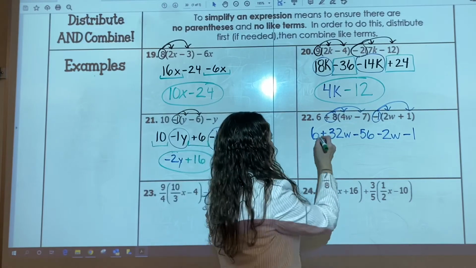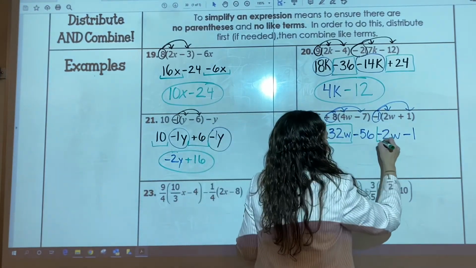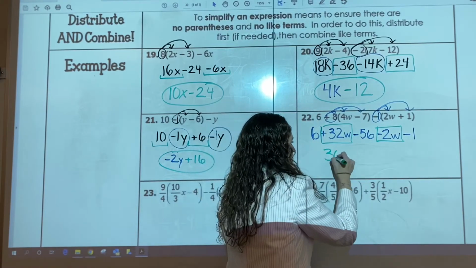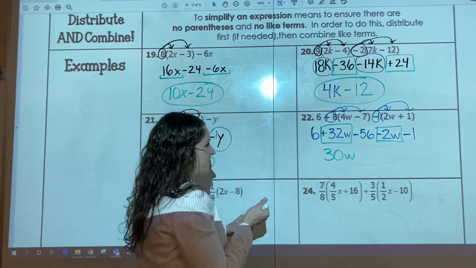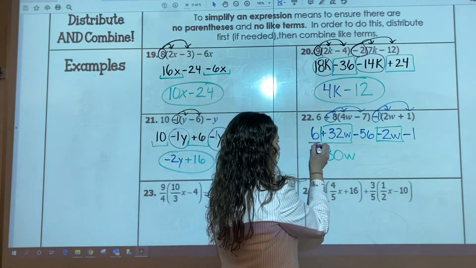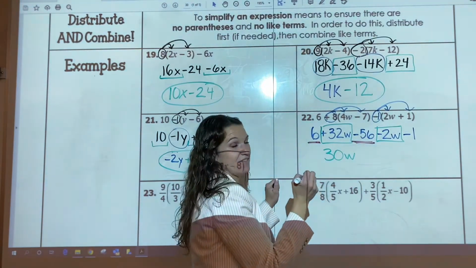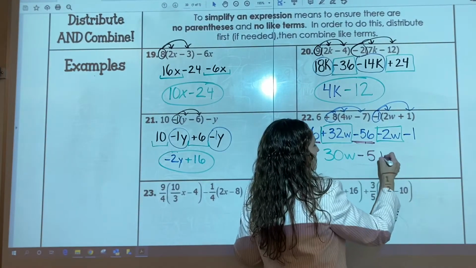So we have 32w and -2w, which gives me a positive 30w. We also have a positive 6 and a -56, which will give me -50. -50 minus 1 gives me -51.